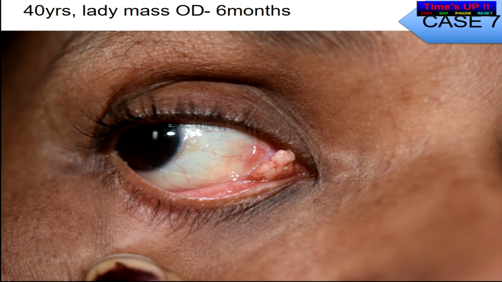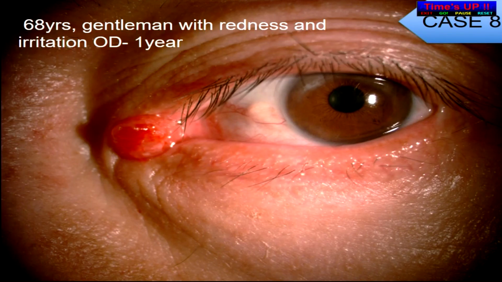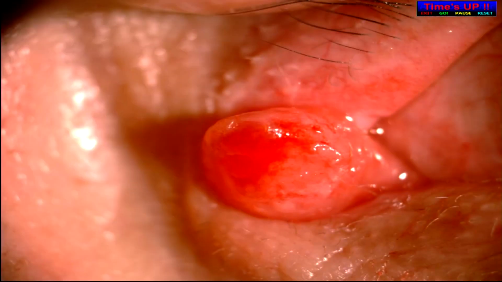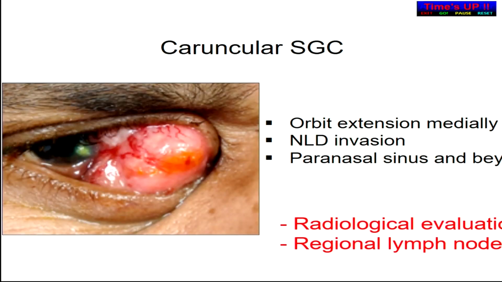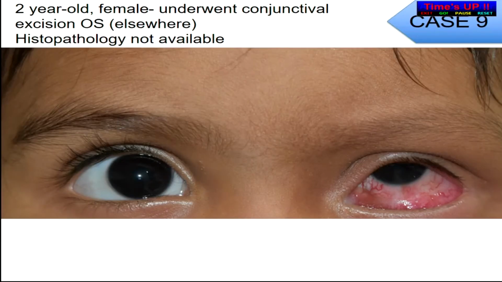Sebaceous gland carcinoma, yes, that was a differential diagnosis, but this came out to be a sebaceous gland hypertrophy, hyperplasia. A 68-year-old gentleman with redness and irritation. This is classical redness and feeder vessels. This came out to be an SGC. Caruncular SGC, yes, you have to evaluate them radiologically. It's very, very important, and regional lymph nodes have to be looked for.